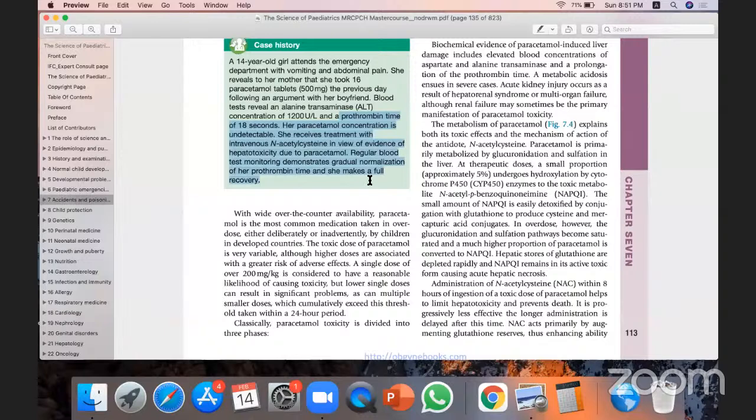Regular blood test monitoring demonstrated gradual normalization of prothrombin time. Even though paracetamol was not detected in the blood, we gave N-acetylcysteine. This question came many times, that paracetamol was undetectable. What should you do? Of course, the liver function is impaired. You have to start N-acetylcysteine.